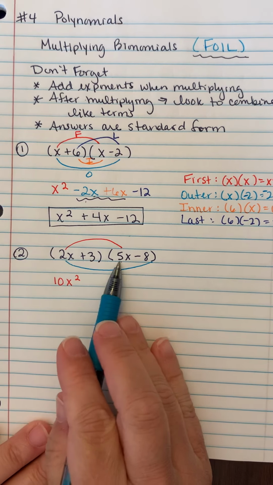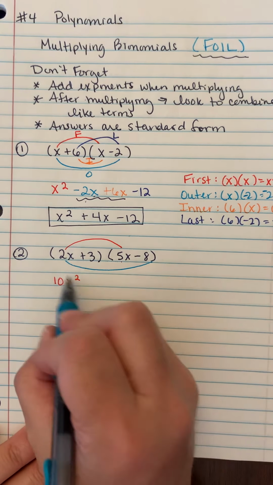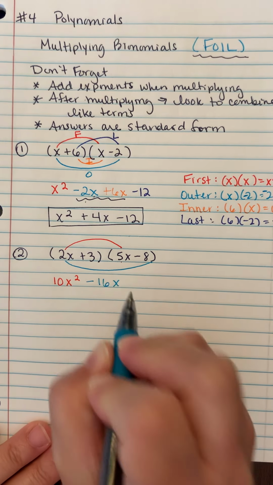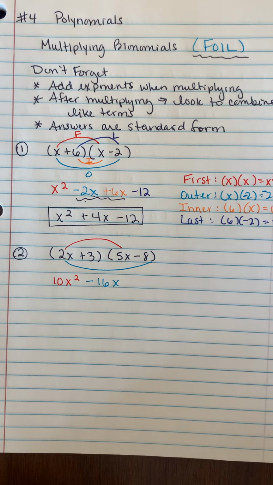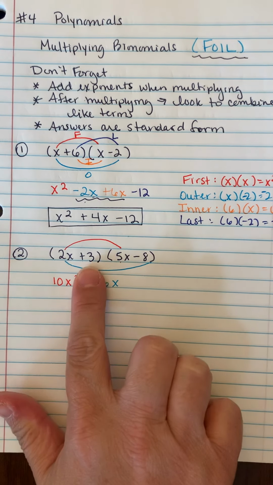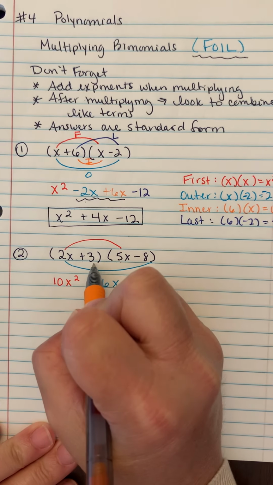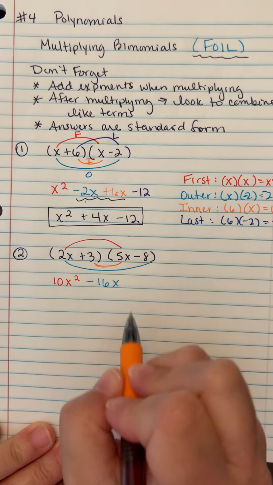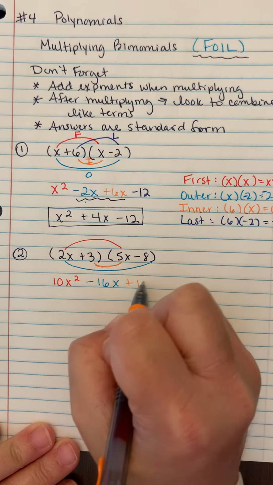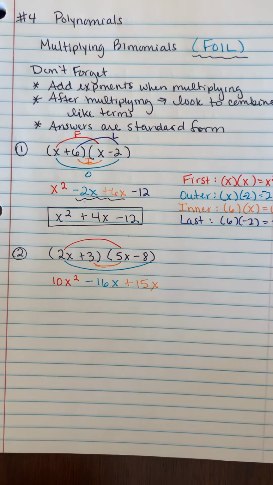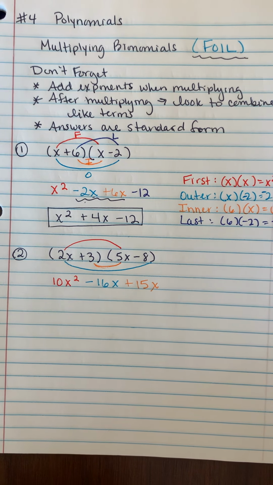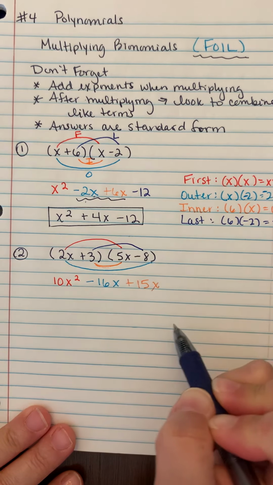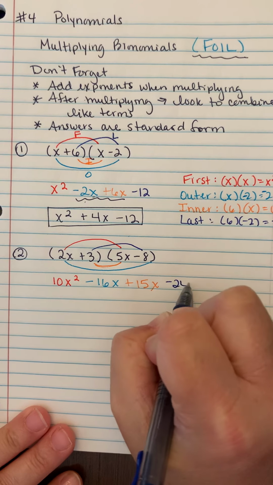Notice the 2x gets multiplied with both of those. So 2x times negative 8 is negative 16x. Then you're going to take the second term right there, number 3, and multiply it with the 5x, so the inner terms. So 3 times 5x is 15x. And then you're going to multiply your last terms, which will be 3 times negative 8, which is negative 24.